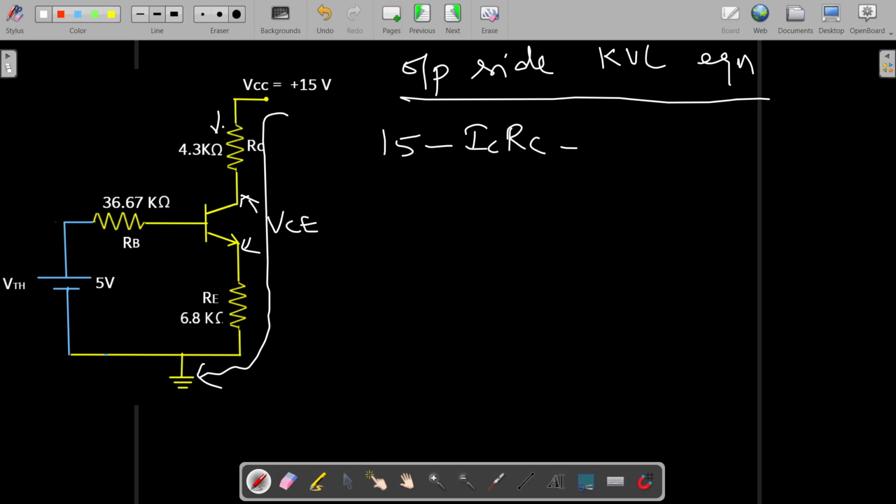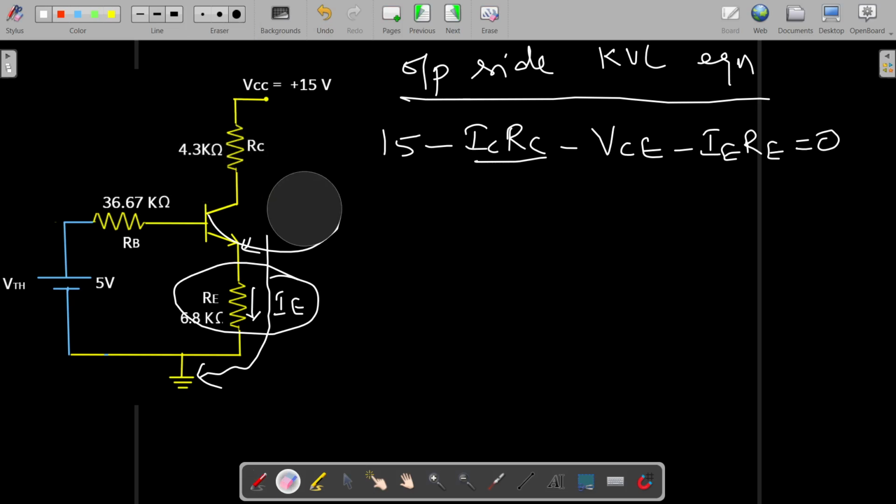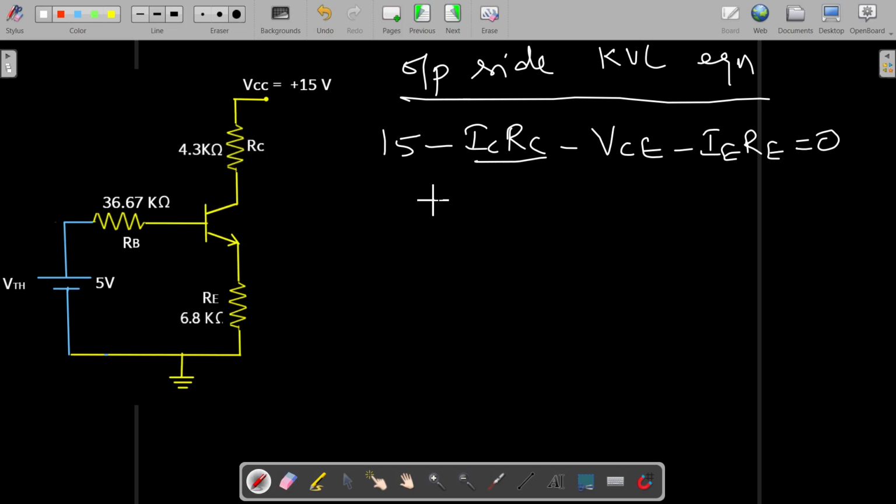And we know that the current flowing through this RC is IC. The current which is flowing through this RE is IE. Okay. So for this portion, it is ICRC. And for this portion, it is minus VCE. And then for this portion, it is minus IERE. That is equal to 0. So this is the output side equation.